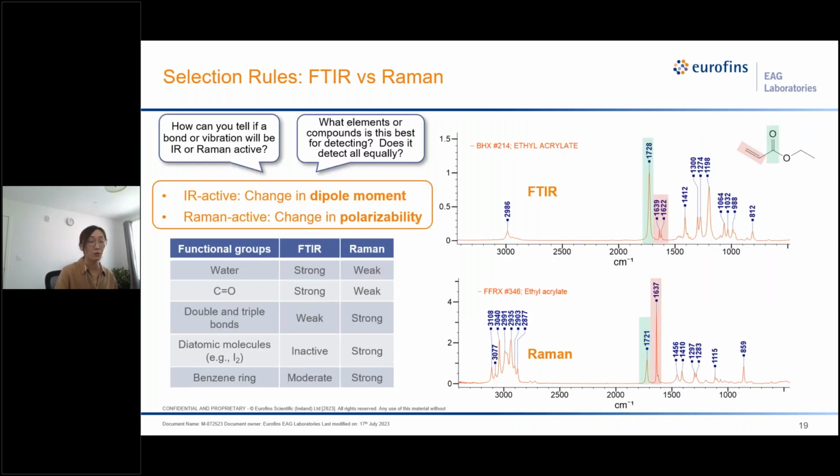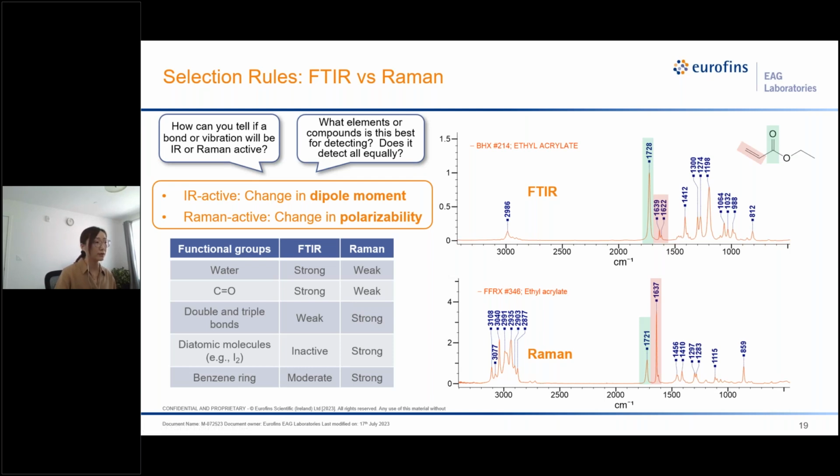Aside from the working principles, another very important concept in FTIR and Raman is the selection rules. We received questions asking how to determine if a vibration is IR or Raman active, or whether all the bonds get detected equally. Both of those questions can be answered using the selection rules.